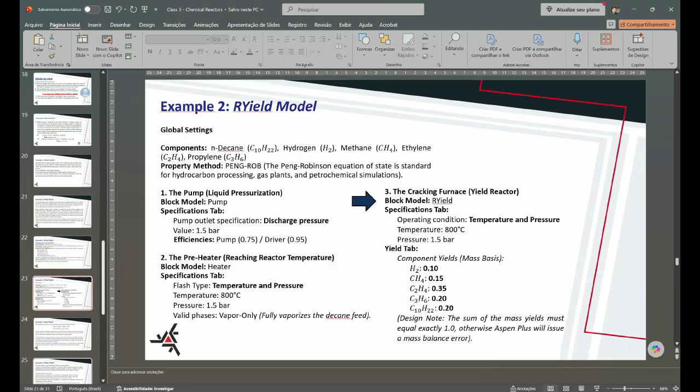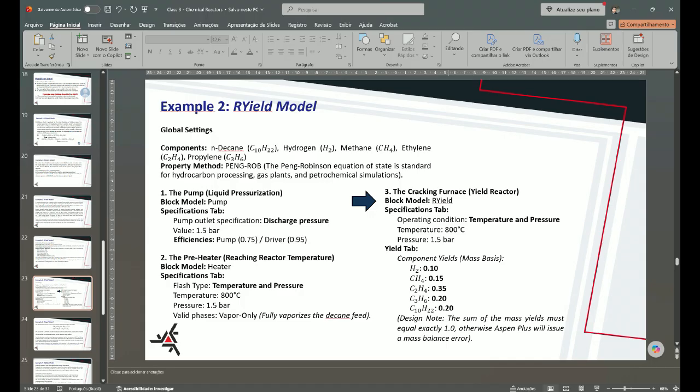Here we also have the specific information of temperatures, pressures, and efficiencies for the pumping and the heating before the reactor, and the specifications for the reactor.